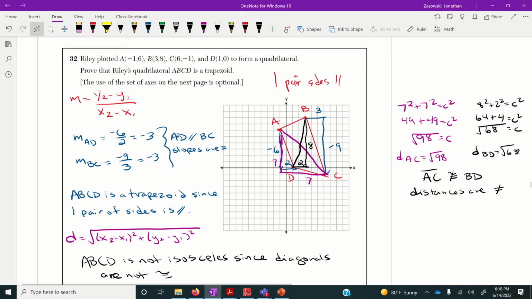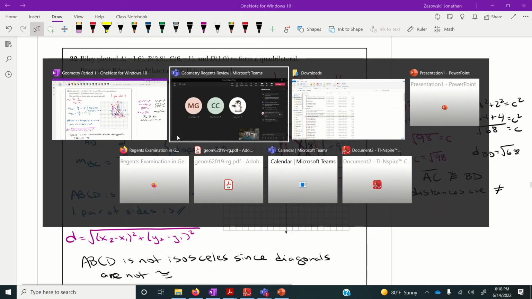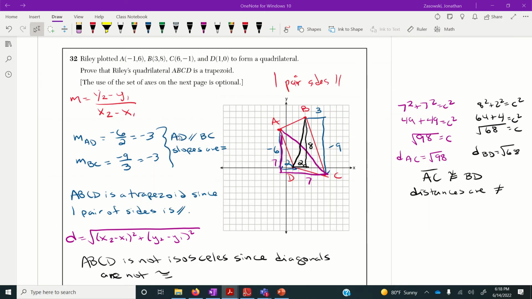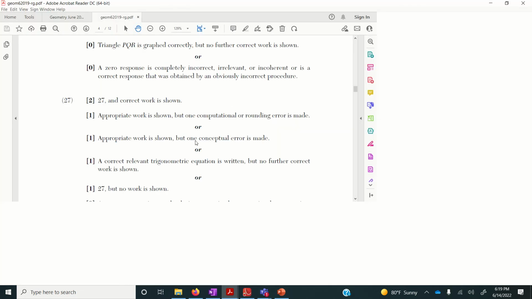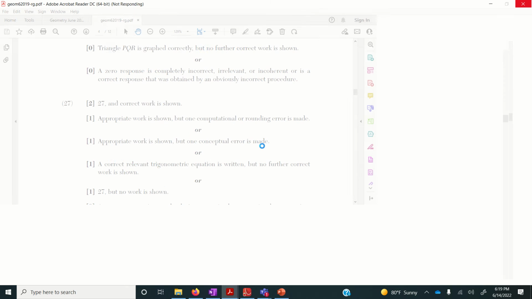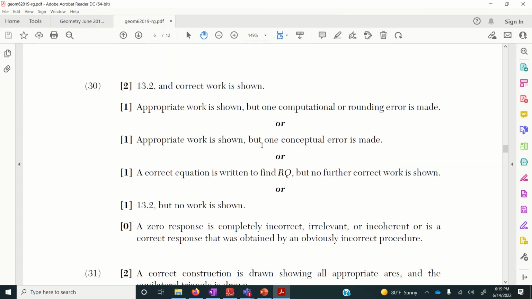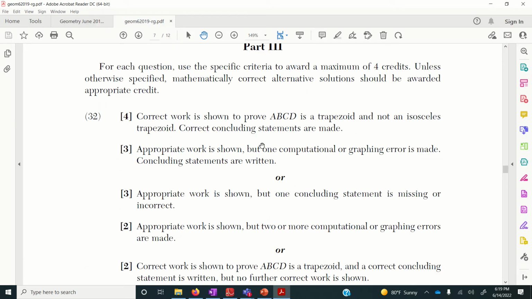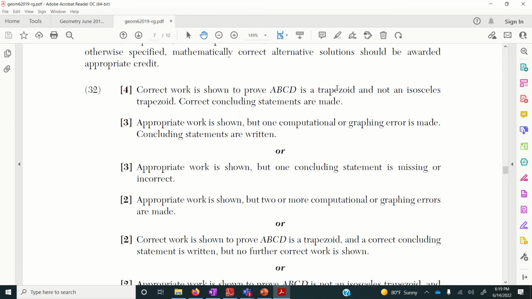So if we pull up the grading rubric for 32, correct work is shown. That's trapezoid, not an isosceles trapezoid, including concluding statements.